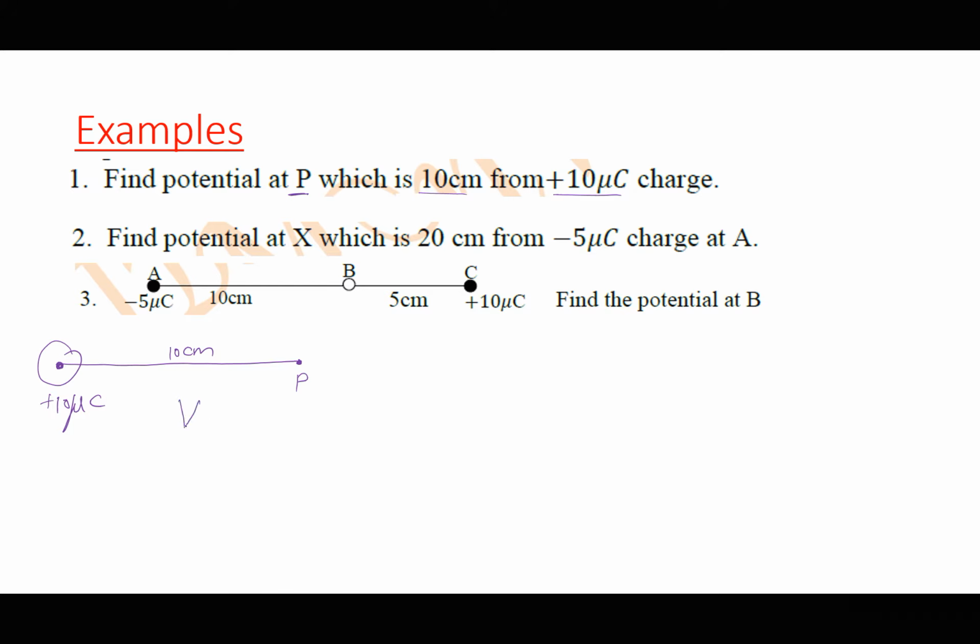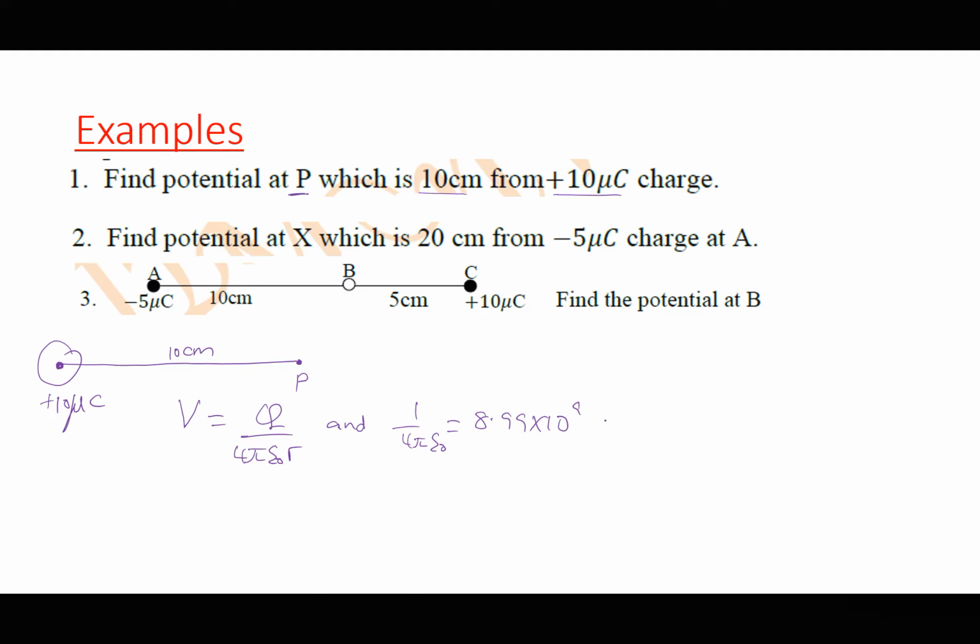Remember, electric potential V is given by charge divided by 4 pi epsilon naught R. And remember, 1 over 4 pi epsilon naught is the same as 8.99 times 10 power 9.